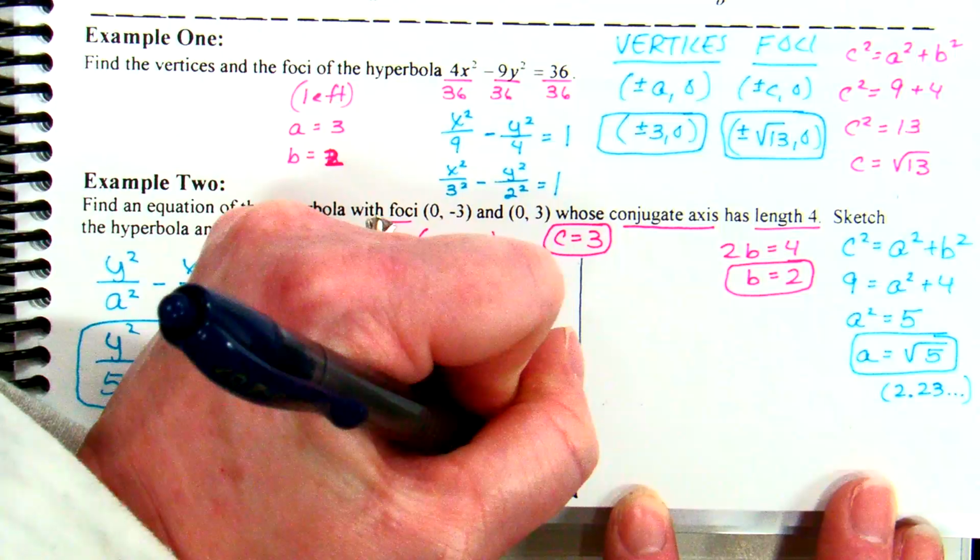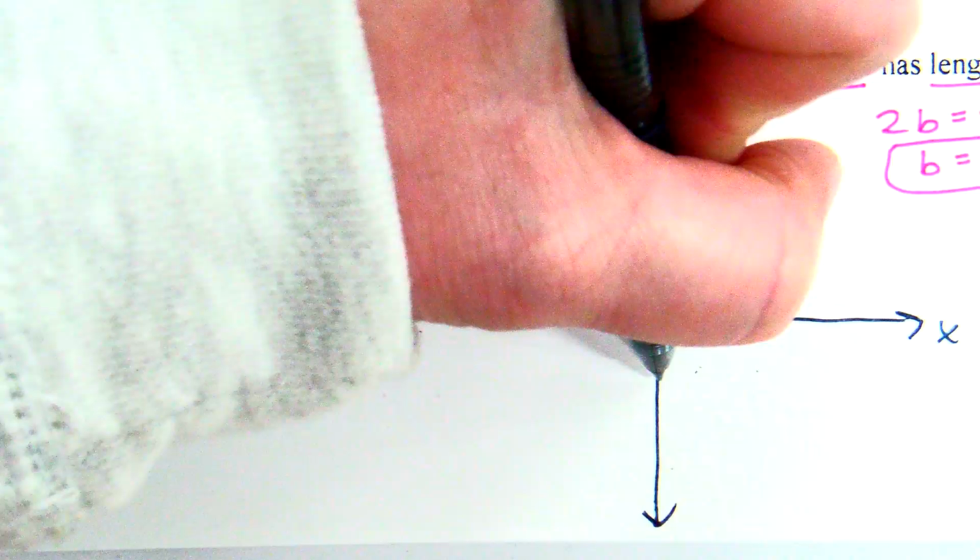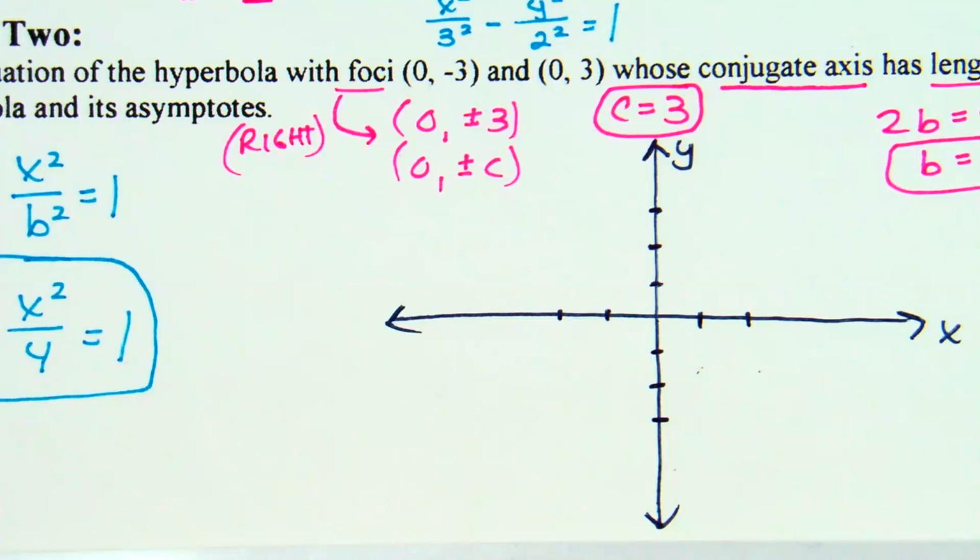Okay, there is my X and Y axis. We are going to start with our A, B, and C values.